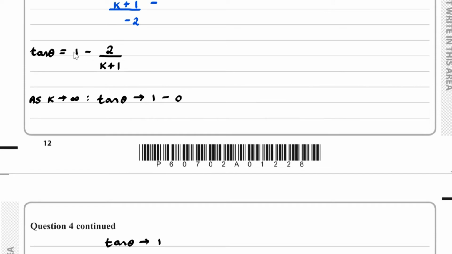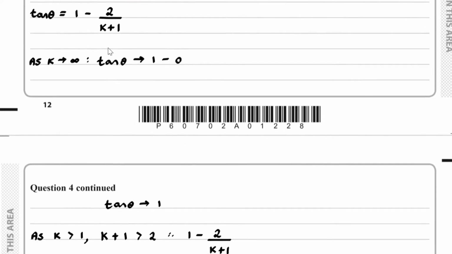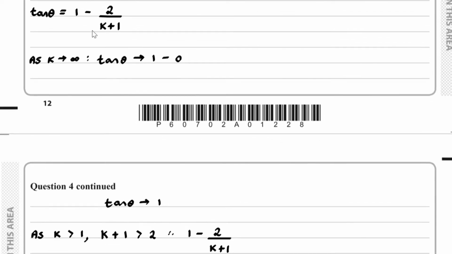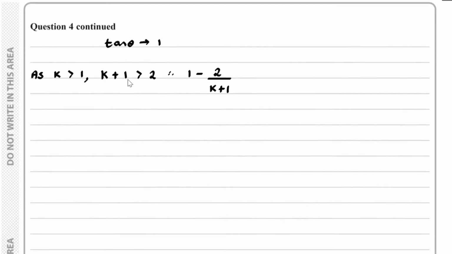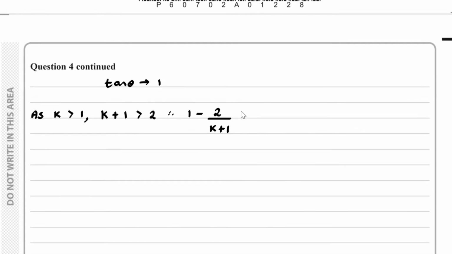Here I've got 1 subtract a fraction. Now here the numerator is smaller than the denominator because k plus 1 is definitely bigger than 2. So I've got 1 subtract some sort of a fraction. This result here is always going to be greater than 0 because I've got 1 minus some fraction.